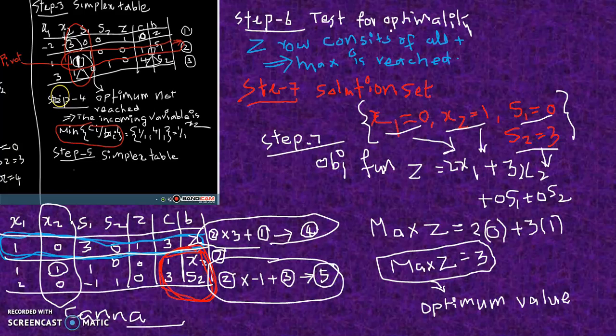Okay, now test for optimality. In the Z row, all are positive. Look at this Z row, all are positive. So no negative number here, no negative number here, which implies the optimum is reached, because all are positive numbers in the Z row.